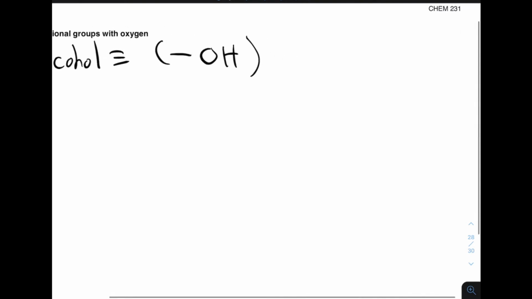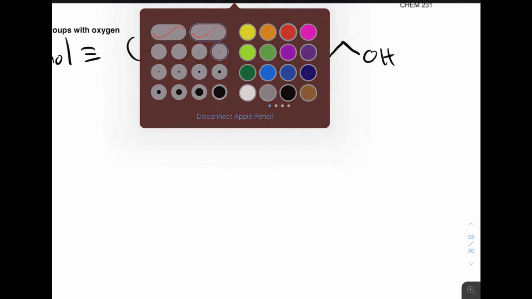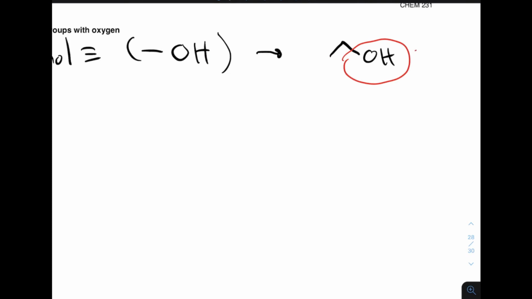Alcohol groups, you've probably also heard called hydroxy groups. These are any molecule that contains this OH functionality. Any molecule with an OH on it is considered an alcohol. So for example, if we remember our example with ethanol, we would say that this group is an alcohol.